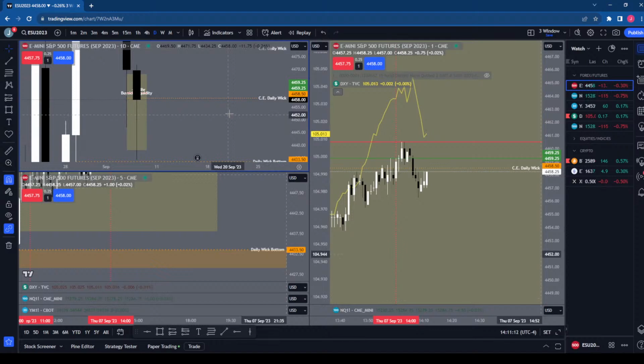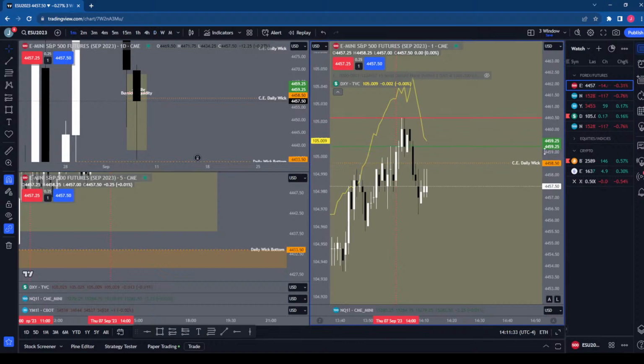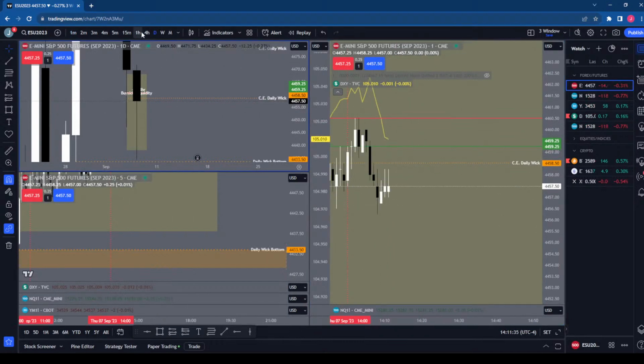But I think what we're seeing right now is we're going to see whether it wants to or not. So we're either going to finish the day respecting this consequent encroachment or we're going to finish the day not respecting it. We're kind of using that as a line in the sand to let the market show us which way it wants to go.